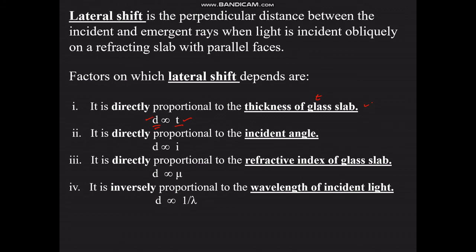Second, it is directly proportional to the incident angle. That means the lateral displacement is directly proportional to the angle of incidence. More is the angle of incidence, more is the displacement. Thirdly, it is directly proportional to the refractive index of the glass. Again, there is a direct proportionality. That means more is the refractive index, more is the lateral displacement.